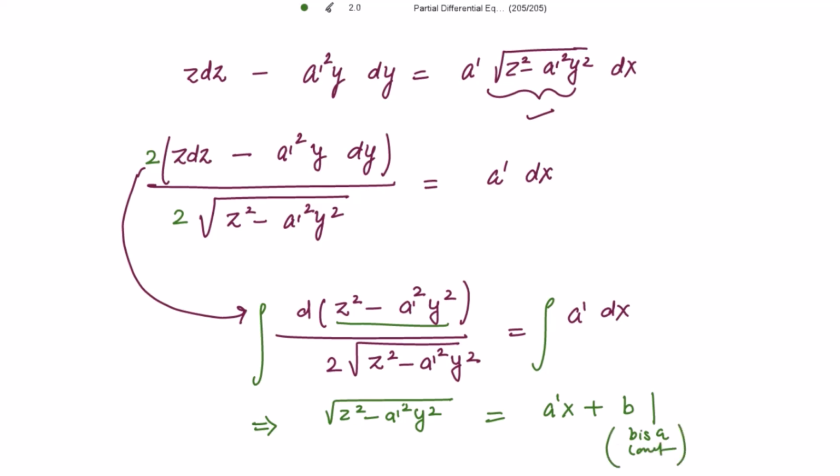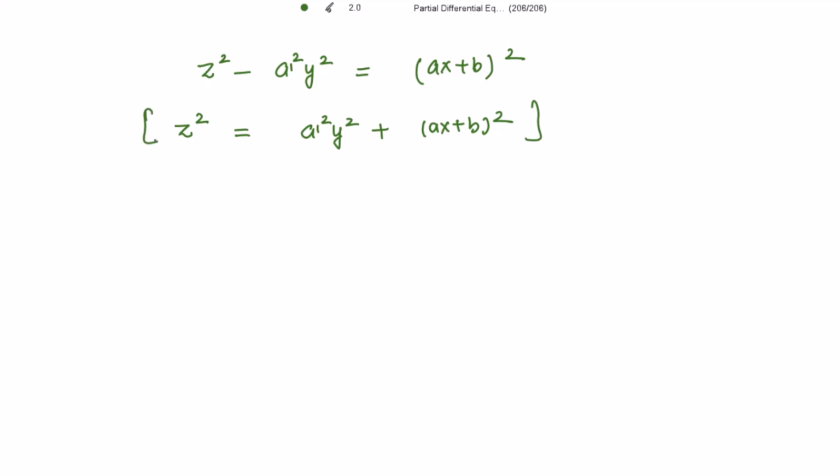And when taking the square on both the sides, we get z square minus a dash square y square equal to a dash x plus b whole square. So from here we get z square equal to a dash square y square plus a dash x plus b whole square to be the required complete integral.